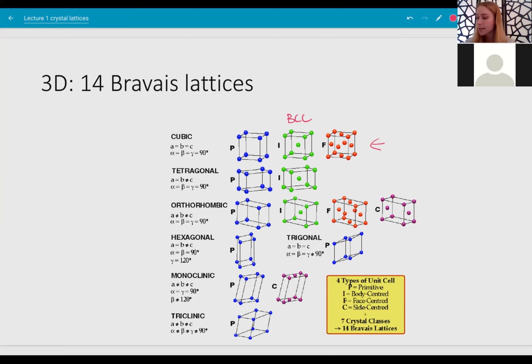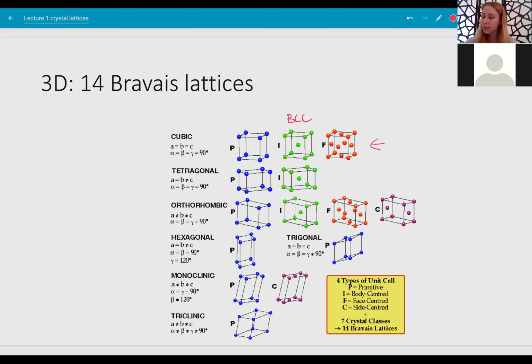There are 8 corner atoms, which are each shared by 8 adjacent cells. So that's 1 atom, and then 1 more in the center. So that's 2 in the conventional cell. So this conventional cell is not a primitive cell. You can write a primitive cell for the BCC structure that'll look different from this drawing, but oftentimes it's more convenient to work in a cubic system.